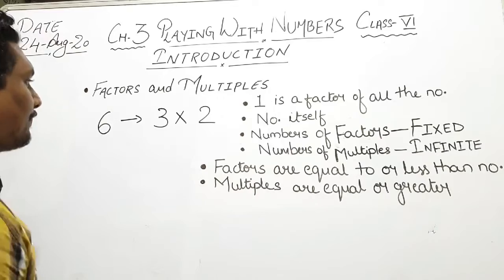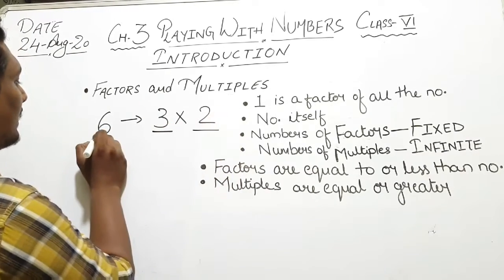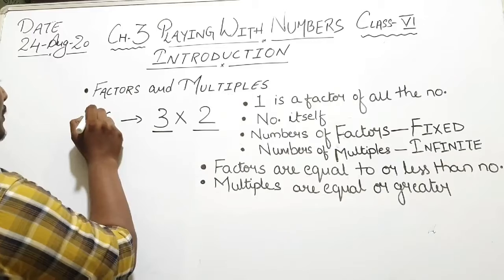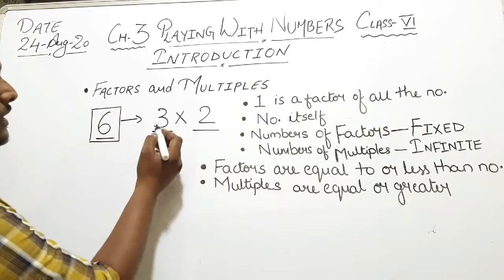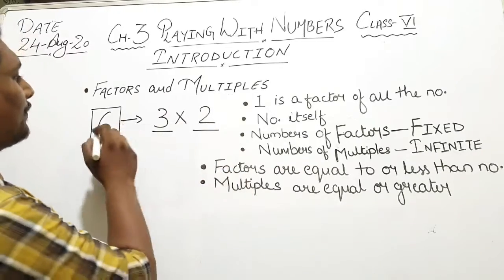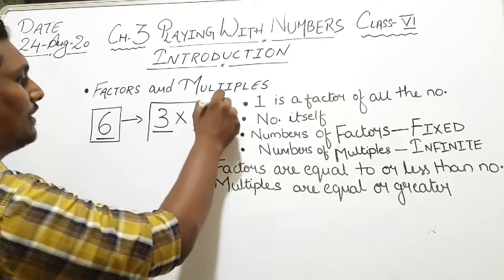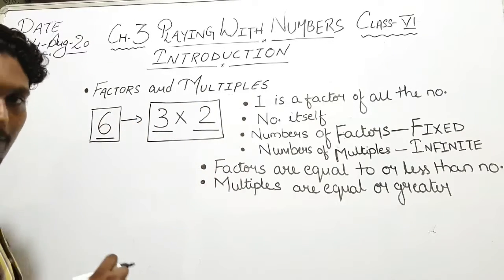When we multiply 3 and 2, what do we get? We get 6. So the number 6 is a multiple of 3 and 2, and 3 and 2 are factors of 6, right?